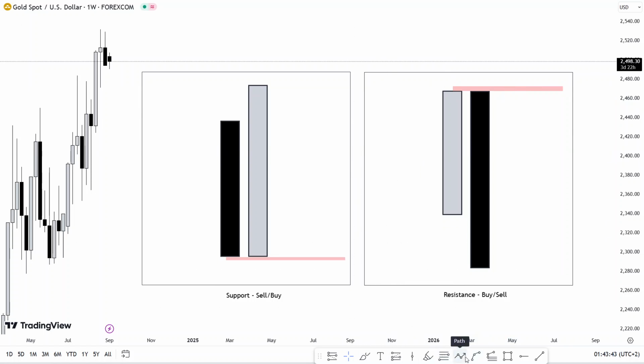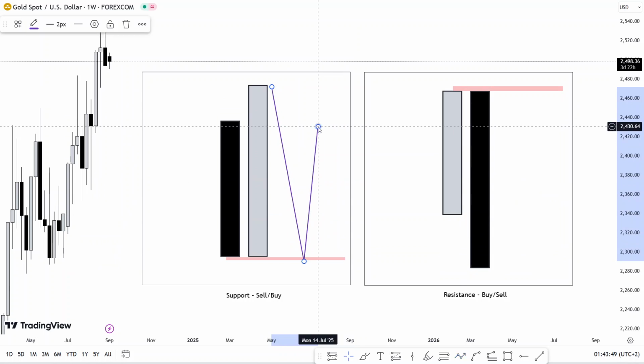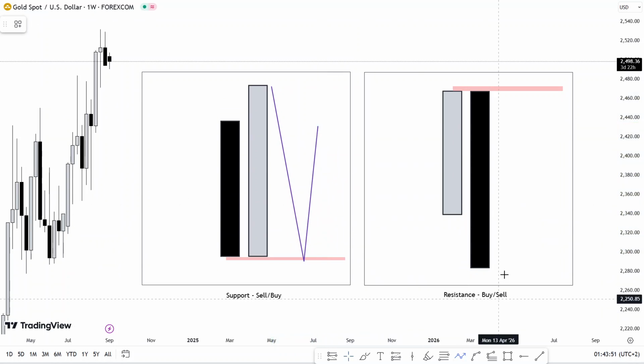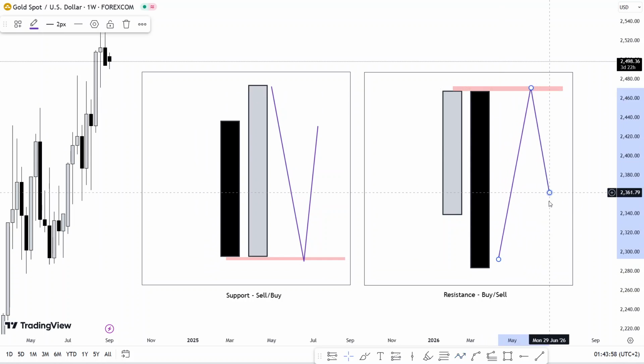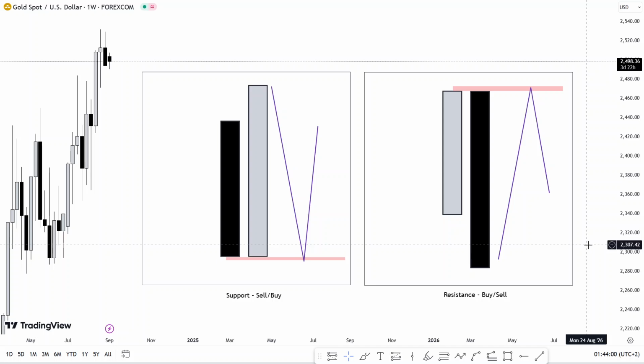In doing so, you'd be anticipating a move to trade into this area and then give you a continuation. Similar to this one, you'd be expecting a move into this area, which is your resistance, and then giving you a continuation to the downside.